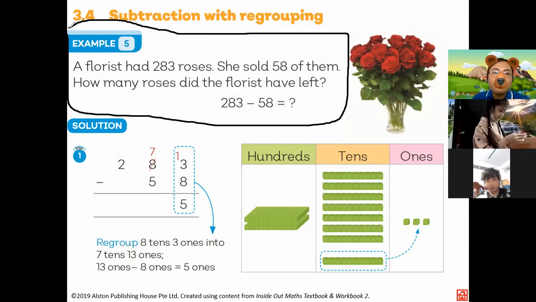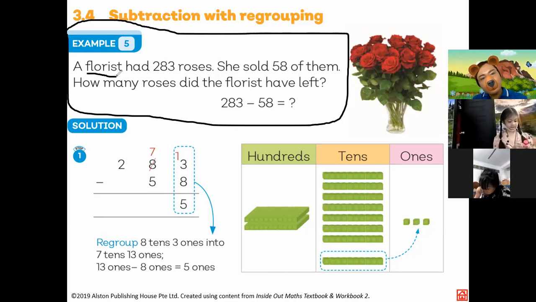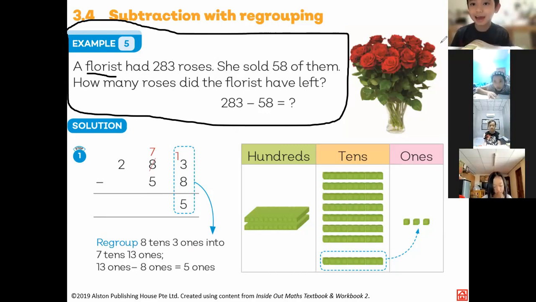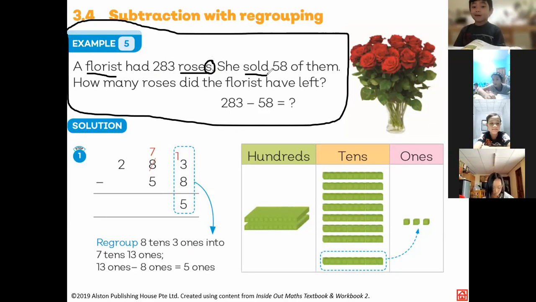Flower. A florist. A florist. A forest Had 283 roses. She sold 58 of them.